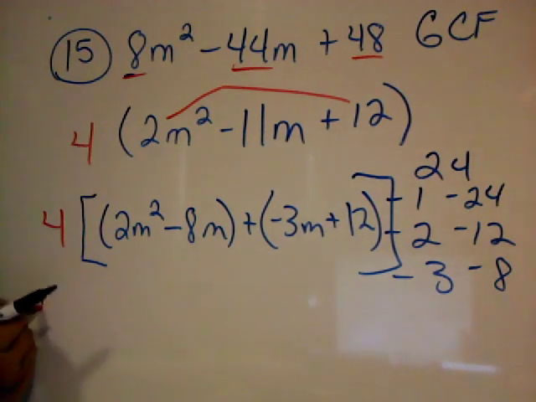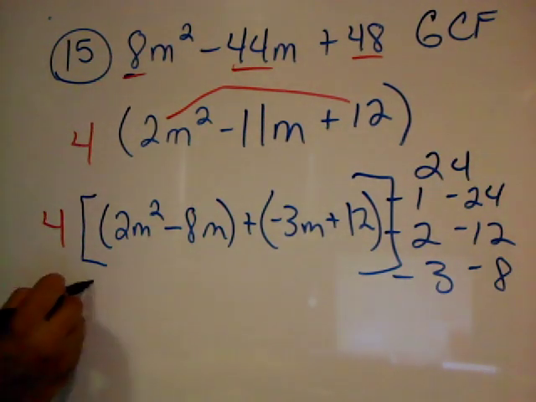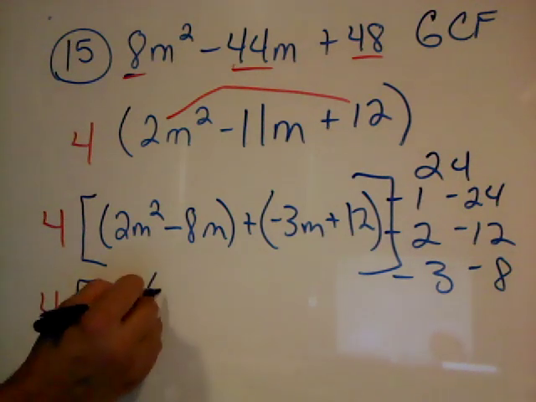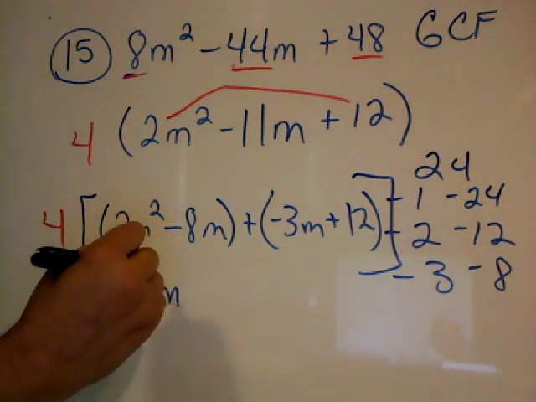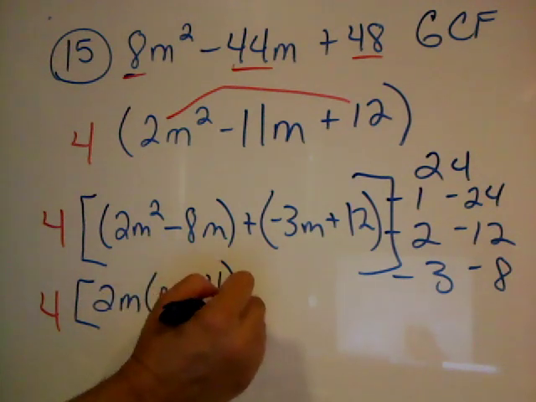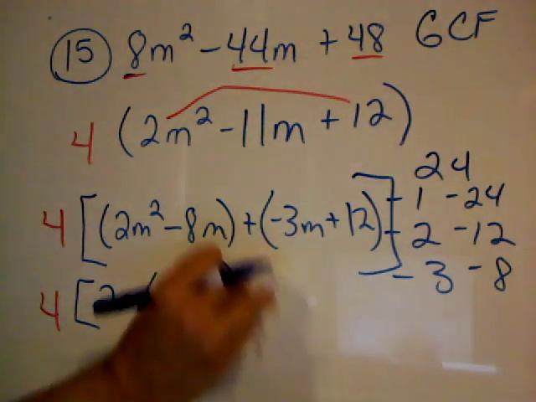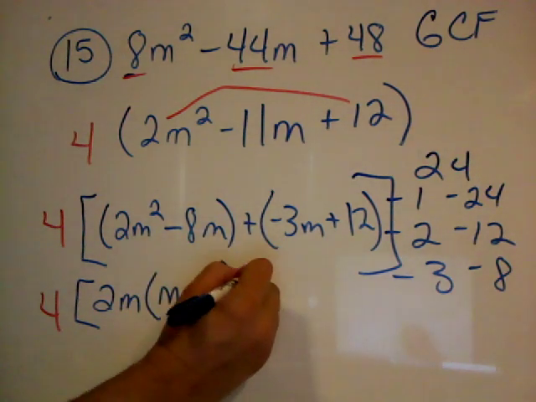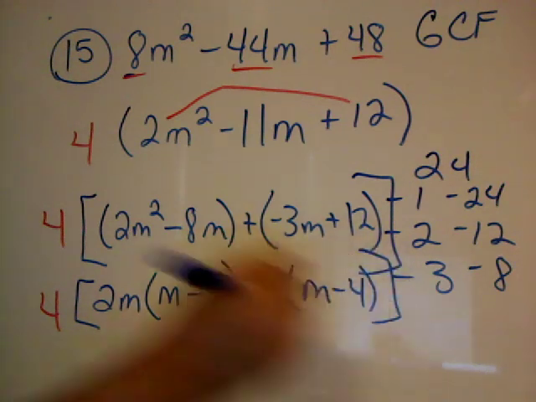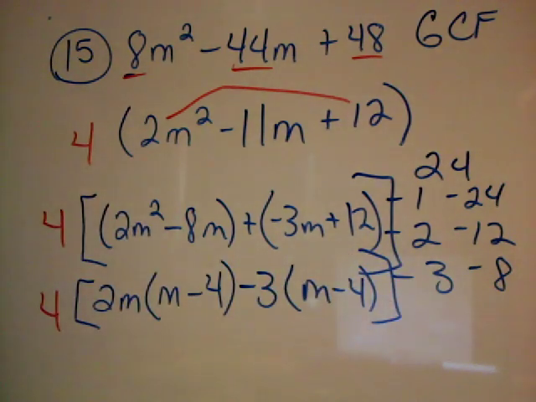Okay, so I still have my 4 sitting out here. And then inside of here, I'm going to take out a 2m, which leaves me with m minus 4. And over here, I'm going to take out a -3, which would leave me with m minus 4. Close my bracket. And again, we don't really need our bracket anymore.